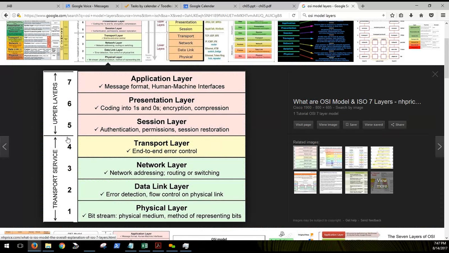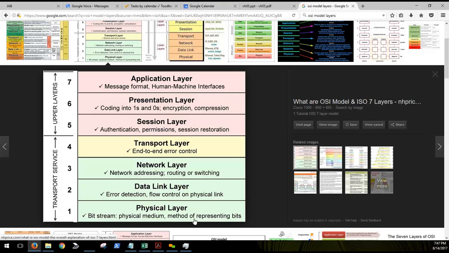So as you can see, this breaks it down into upper layer protocols and then lower layer protocols. You've got your physical, data link, network, transport, session, presentation, and application, and a brief description for each one. The physical layer is a bit stream, the physical media method of representing bits. The data link layer is error detection and flow control on the physical link.